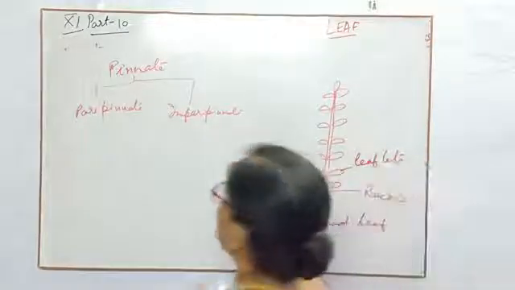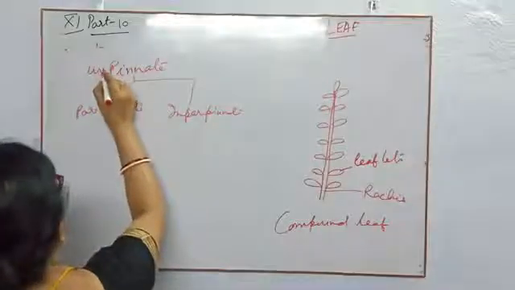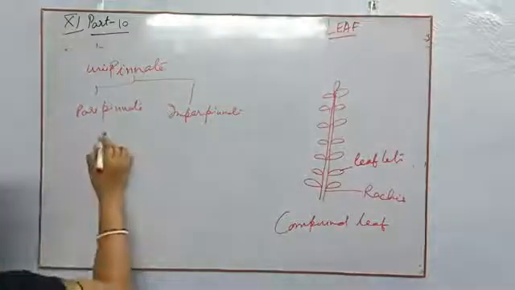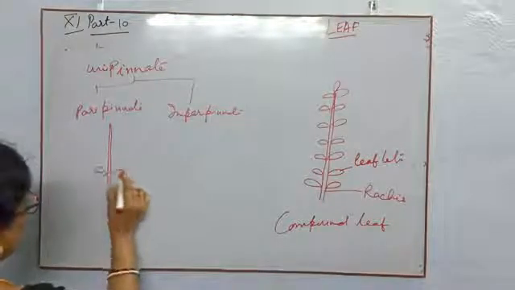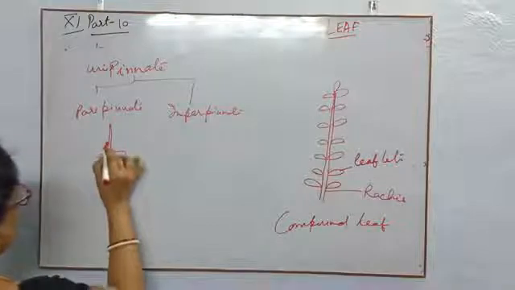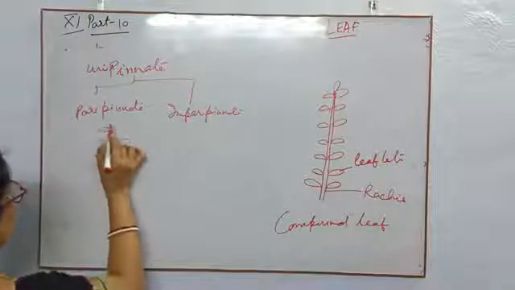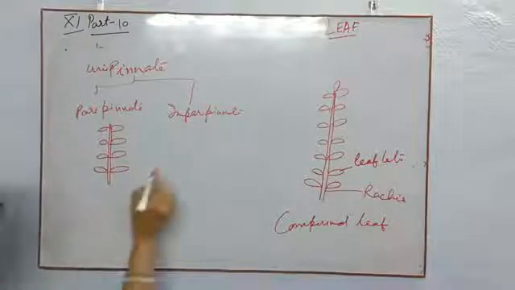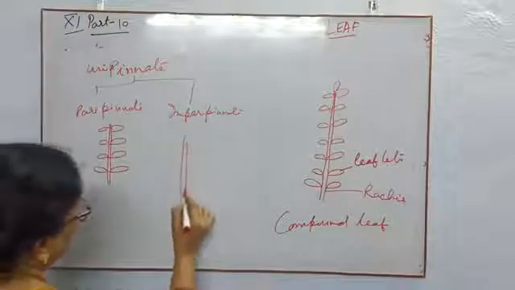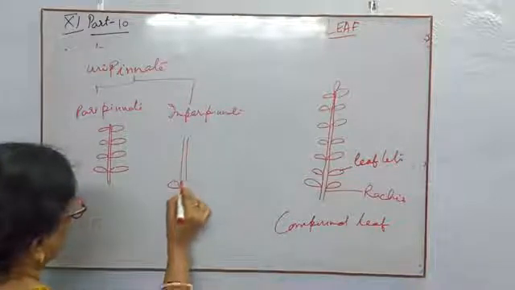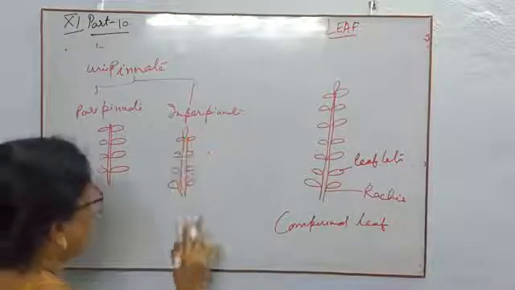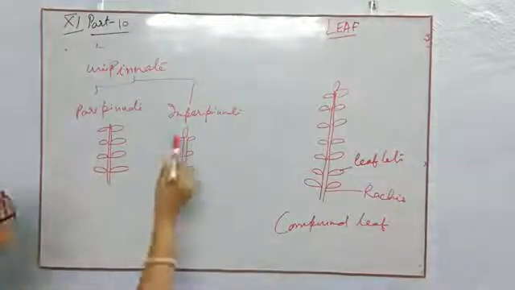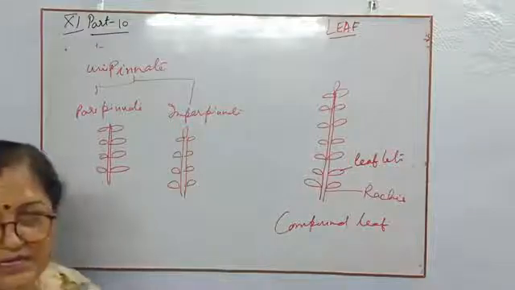As the name suggests, peripinnate. So this is the one rachis, and leaflets are arranged equally on both the sides. This is peripinnate. And in imperipinnate, leaflets are arranged equally on both the sides, but at the top there will be one single leaflet.